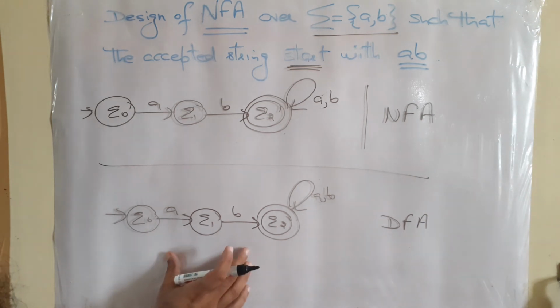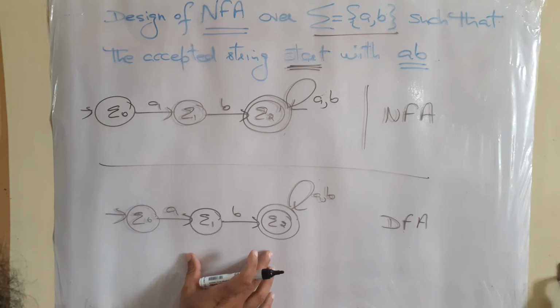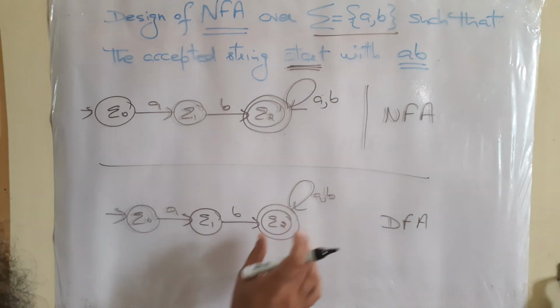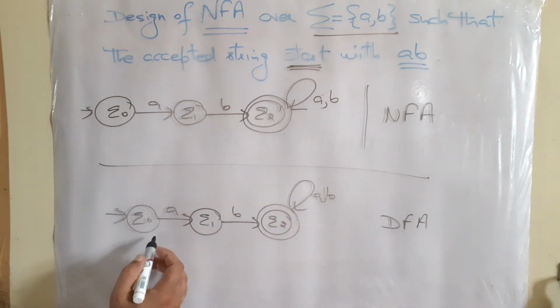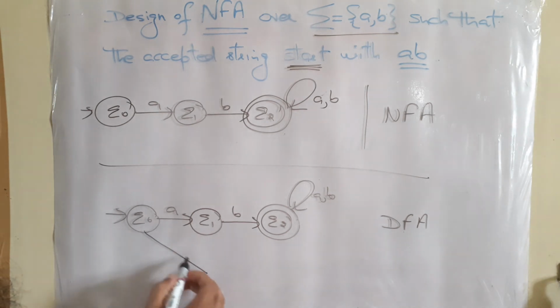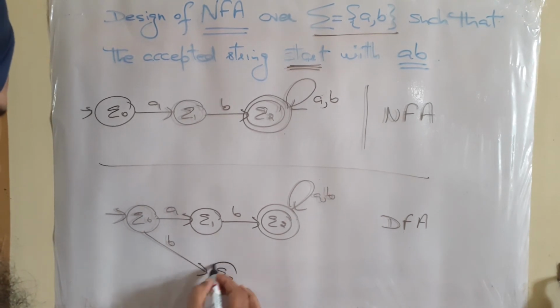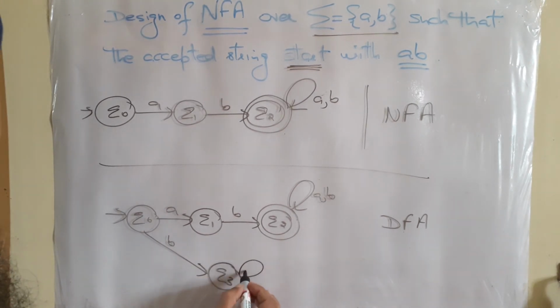In case of DFA, we have to complete the diagram. This is the important part. How to complete it? What happens if b comes here? We have to create another state, q3, which is going to be a dead state.